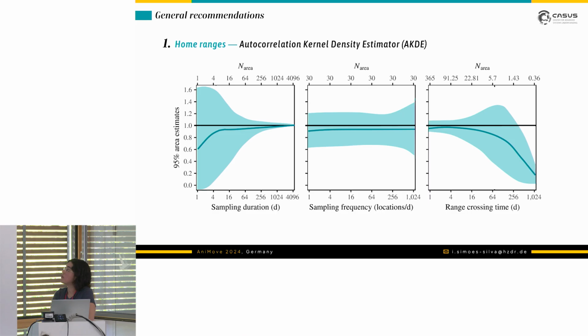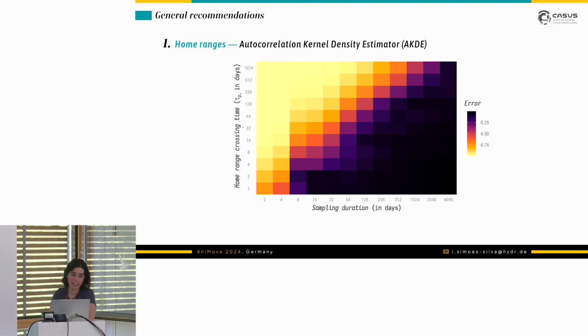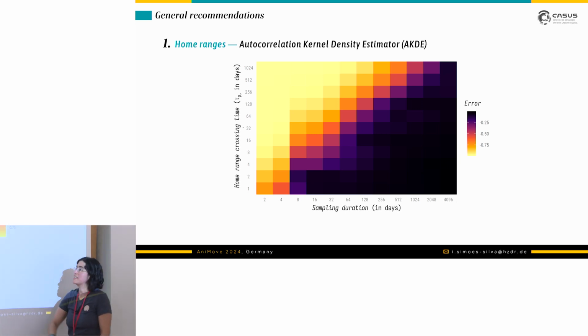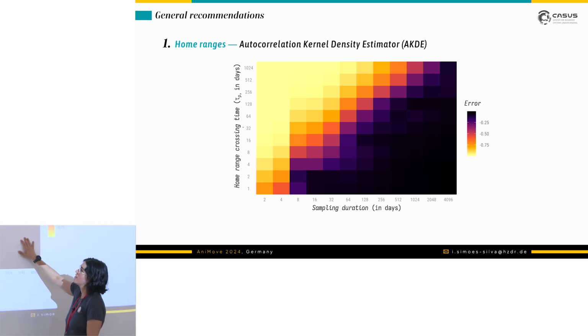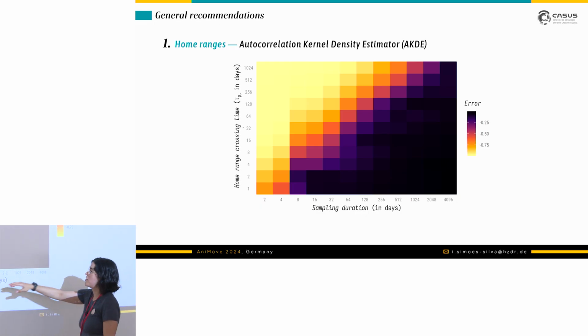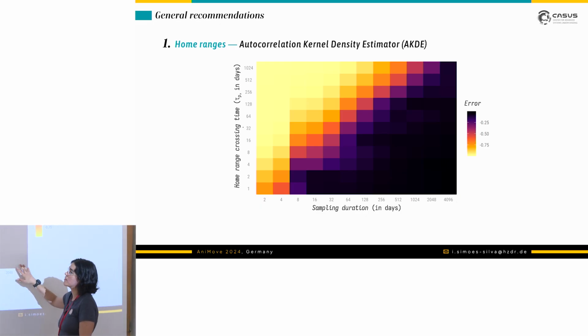But yeah, this is kind of a repeat, so I'll just keep with what we had. It's basically showing the AKDE, how it changes with duration, frequency, and home range crossing time. In general, you want to be on this side, right? This is the sampling duration, going from very low to higher.